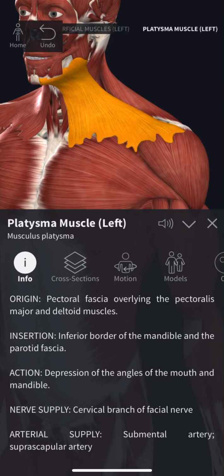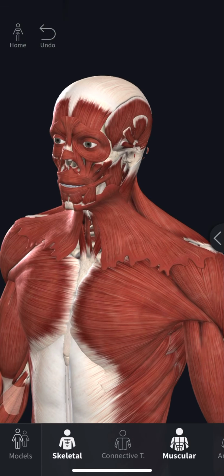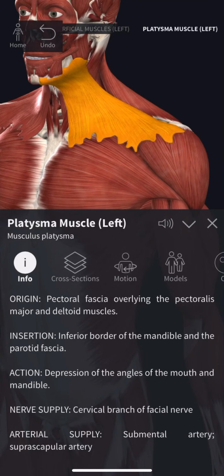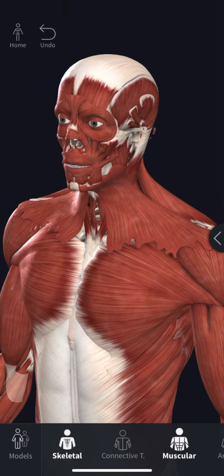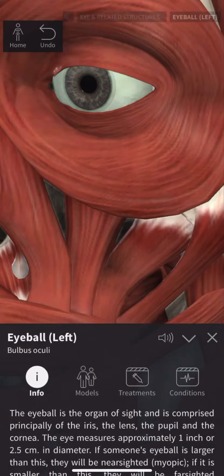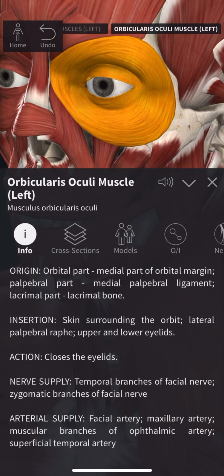Okay, now a few more muscles. This is platysma. So your platysma is here. Right. You can see the orbicularis oculi muscle.